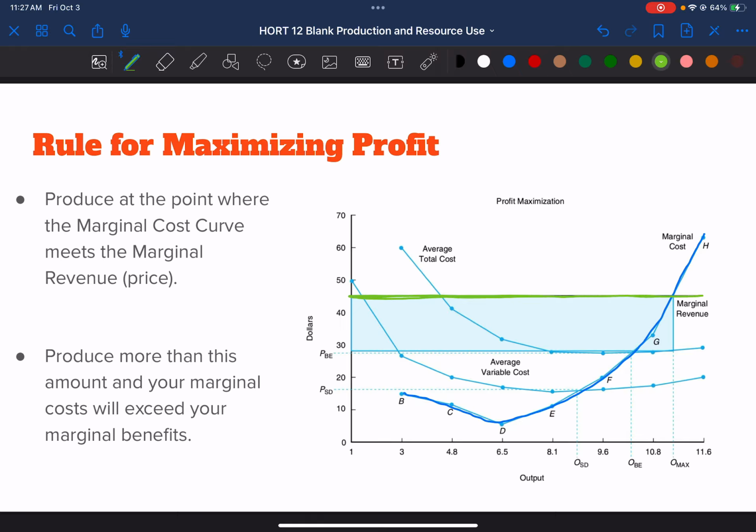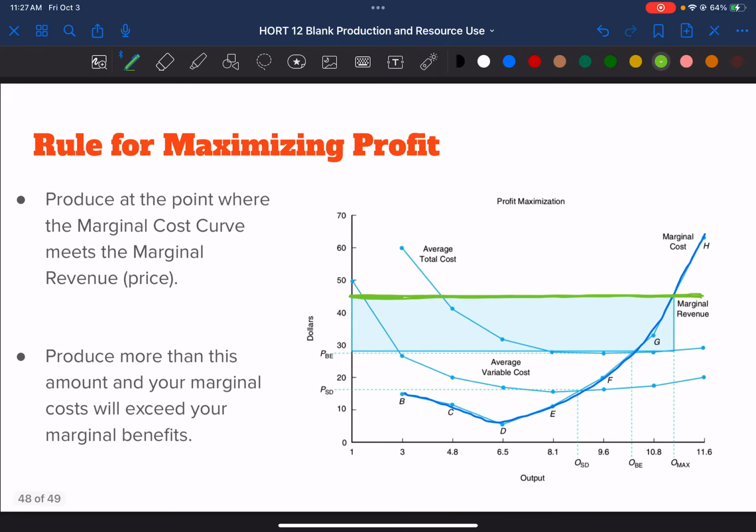Now let's go back to thinking about agricultural producers as price takers, right? Because the agricultural market is close to perfect, producers do not get to choose how much they sell their product for. They have to take whatever the market gives them.